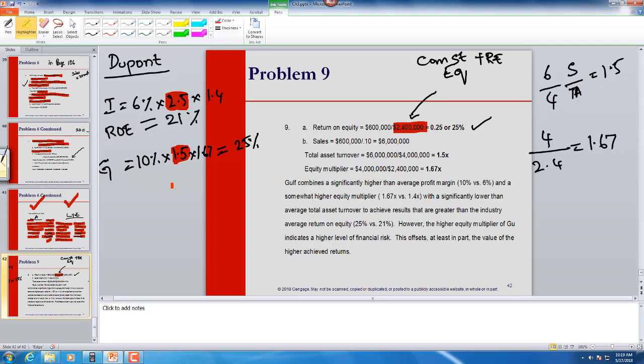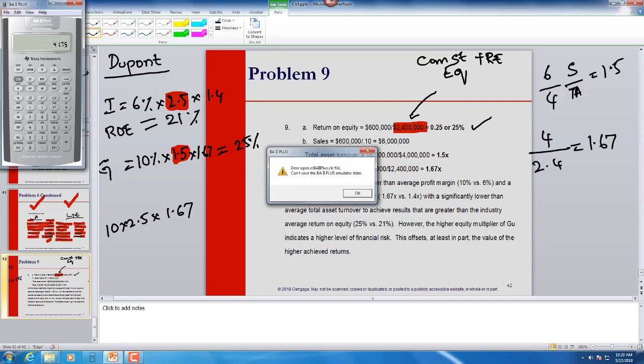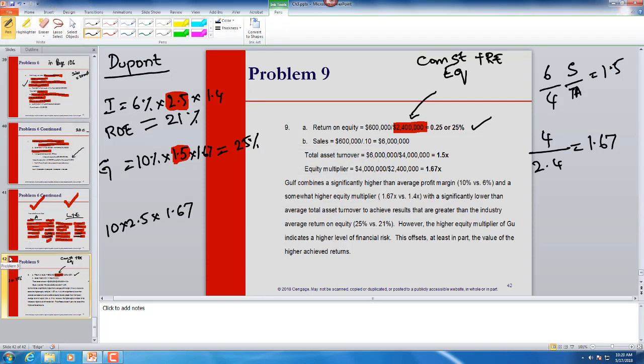Imagine if you go to the average, what will happen? 10 multiplied by 2.5 multiplied by 1.67. You can almost take it to 41% or nearly 42%. That's a lot. That's a lot.